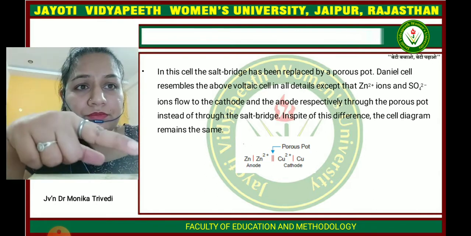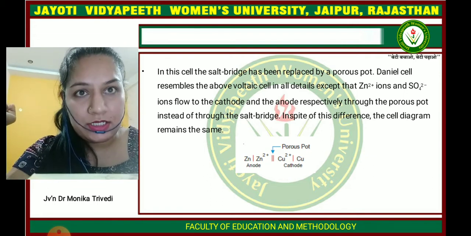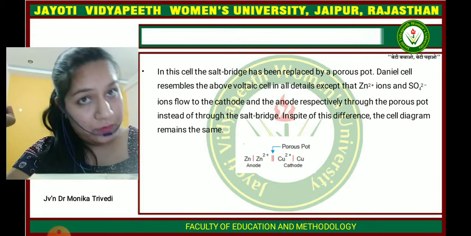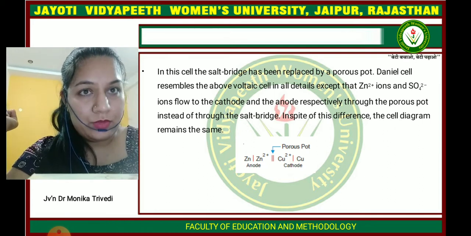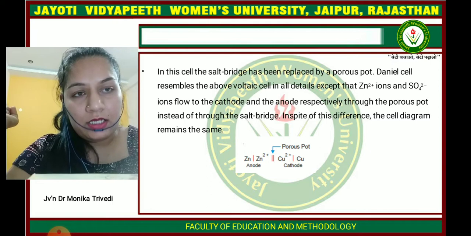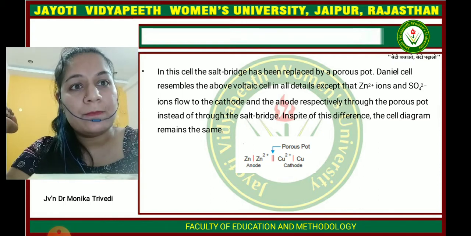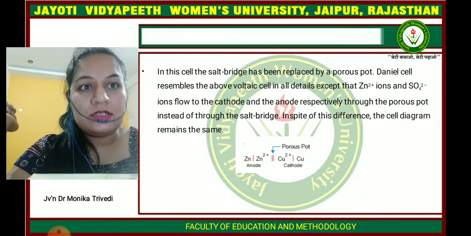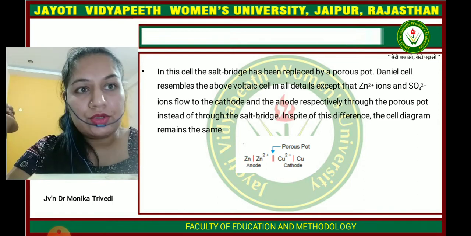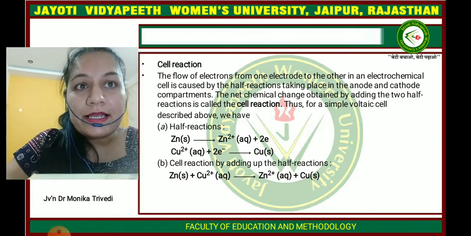In the Daniel cell, the double line represents the salt bridge, here the porous pot. Zn and Zn2+ with a single line represent the oxidation reaction at the anode, and Cu2+ and Cu represent the reduction reaction at the cathode. This is the cell reaction. What is the cell reaction?